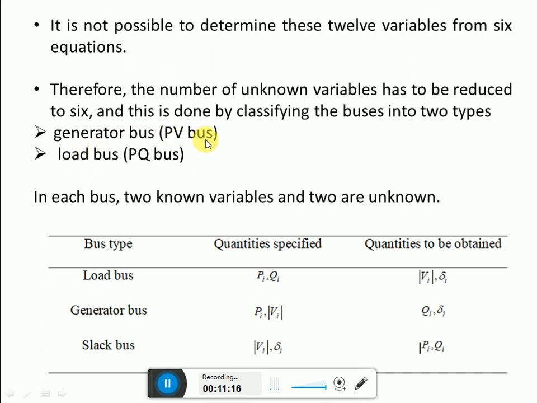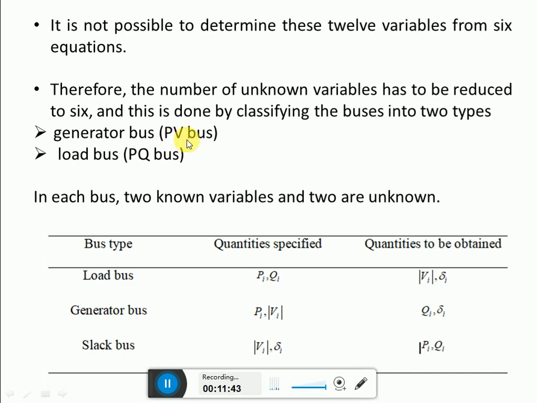Why? Because for this bus we assume P and V are the known parameters of that bus and the others are unknown. So for a 3-bus network we'll have 6 known variables and 6 unknown variables.